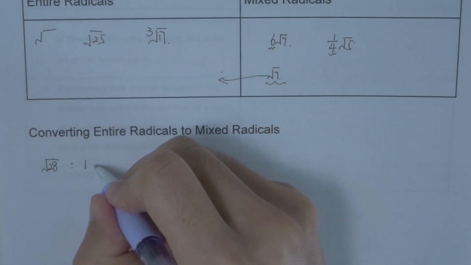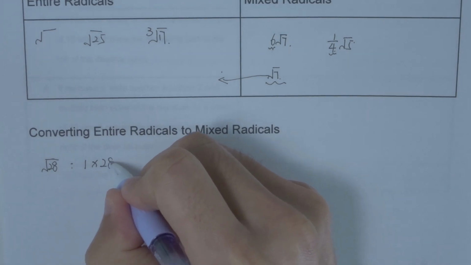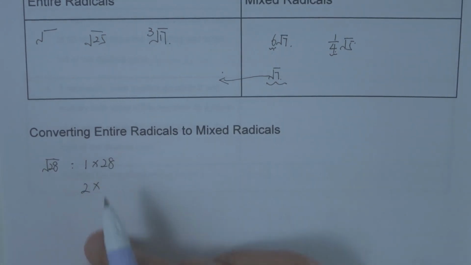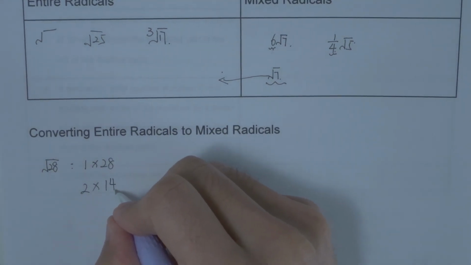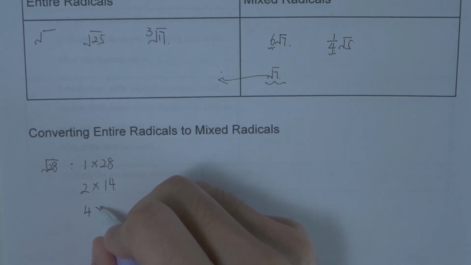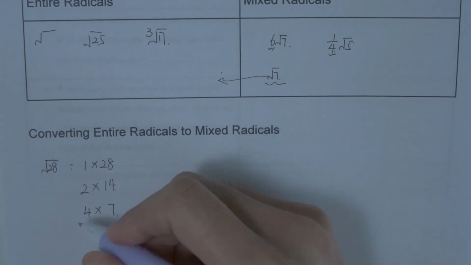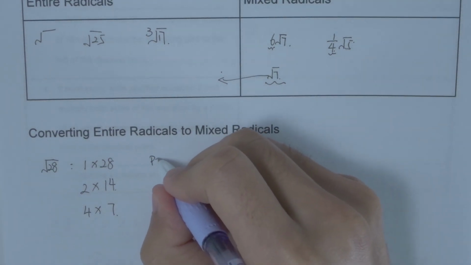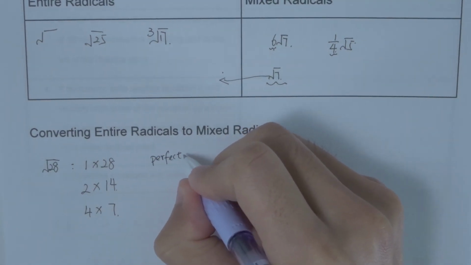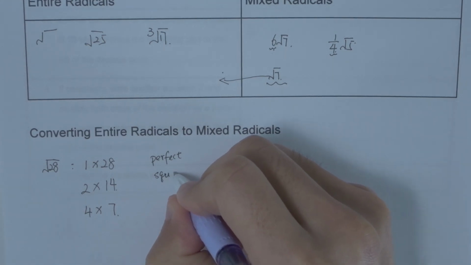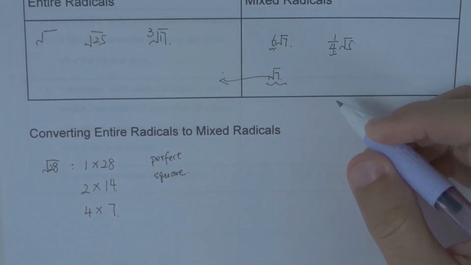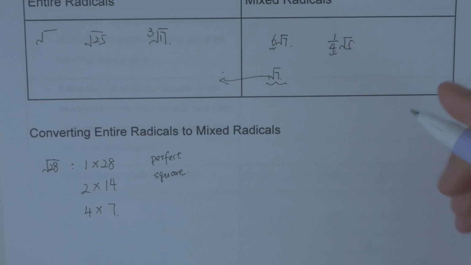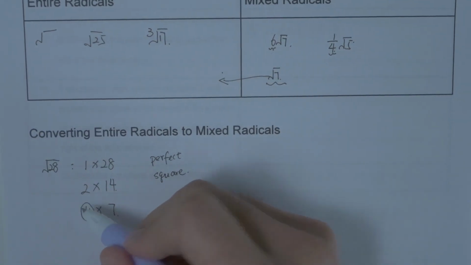We can find 1 times 28, 2 times 14, and 4 times 7. And then from these we can find the perfect square, which in this case is 4.